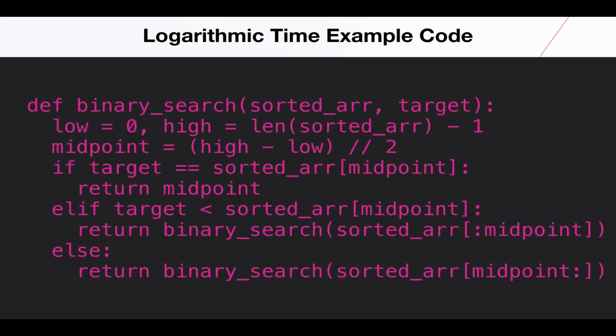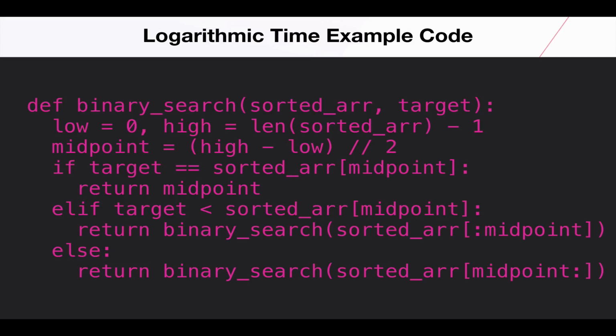If it matches, then cool, we've already found the element we're looking for. But if it's not the one we're looking for, and the target is less than the element at the midpoint, we don't need to look at the other half of the sorted array, because that half contains elements that are larger than the element at the midpoint we just looked at.